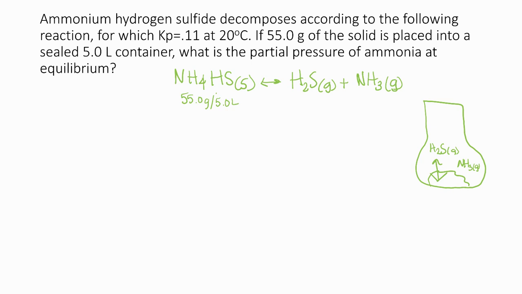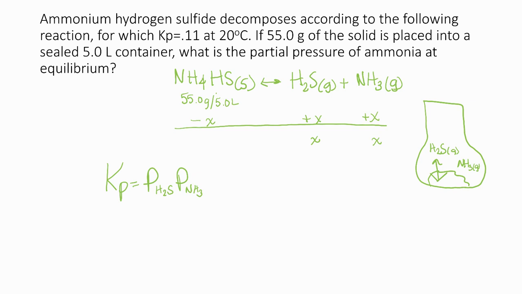That you can go to the molarity. Some of it's reacting. And then you have your equilibrium amount. But what I want to show you is that the solid there is not part of our calculations because it doesn't appear in the Kp expression.